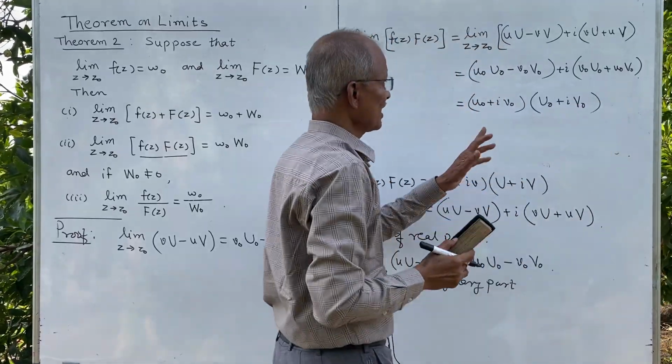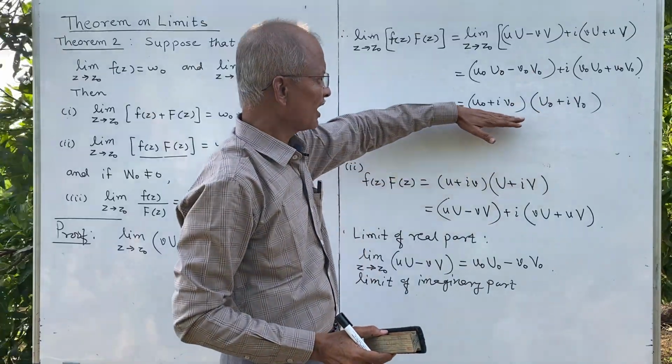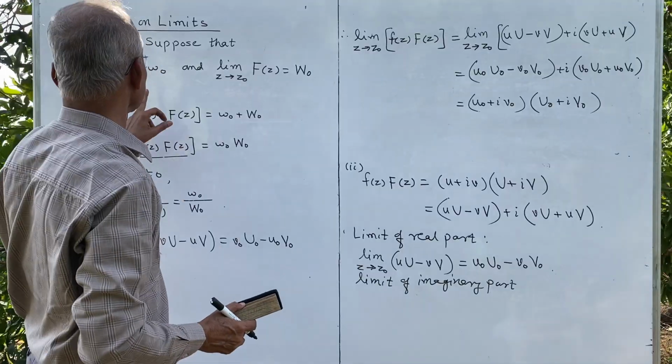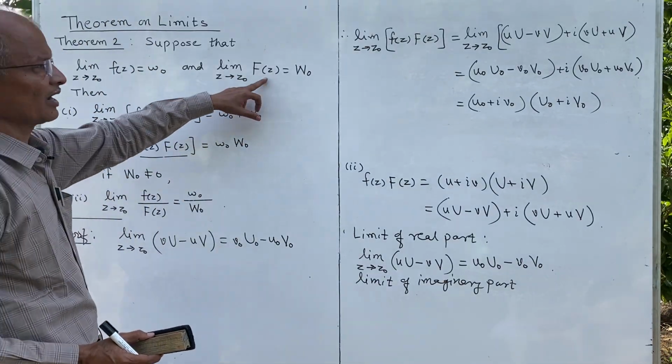You may verify this, u naught minus v naught capital etc., this, and what is this? This is the limit of small f of z, and the second is the limit of capital F of z.